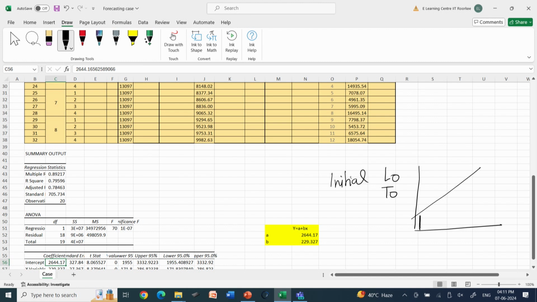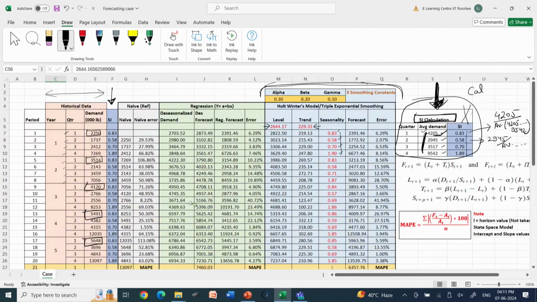The intercept on the y axis is L naught and the slope of this line is our T naught. So, we have used the initial data of my demand and period, this historic data.